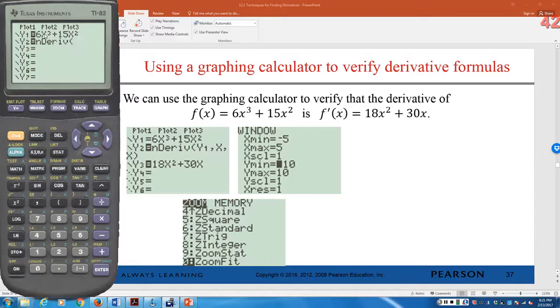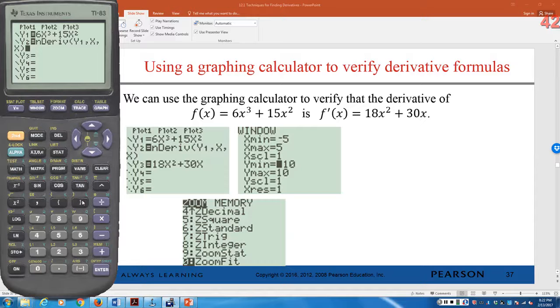Your function is in y1, so you hit your vars key, go to your y vars key and choose function and then choose y1. And then a comma, and then x, and then a comma, and then another x.